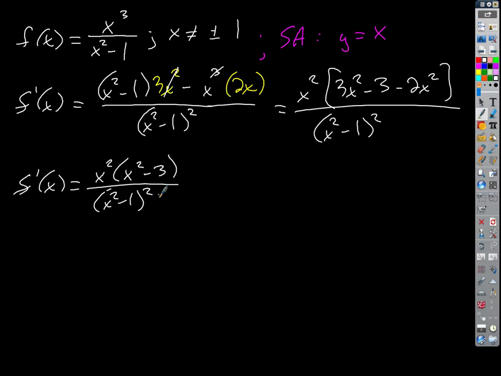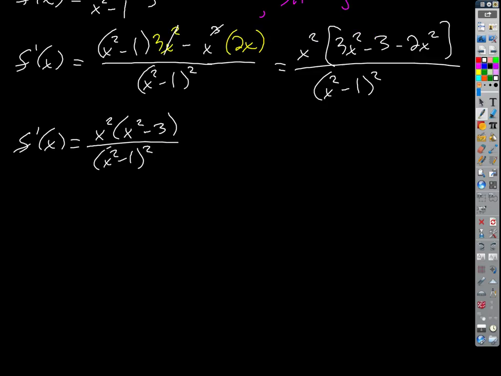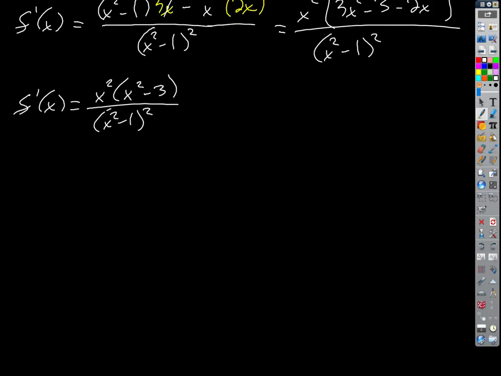Second derivative is not going to be very fun. While we're at it here, we need to know concavity. So what's that going to be? Let's just leave it like that when we're doing it too. We could distribute the x squared if we want. Maybe we will. That's going to be a little bit messy if we have to do a product rule derivative whenever we differentiate the top, right?